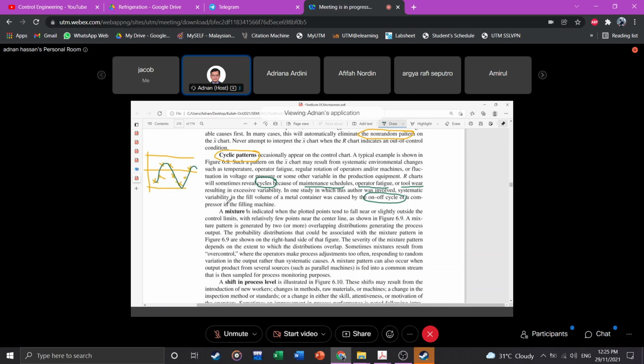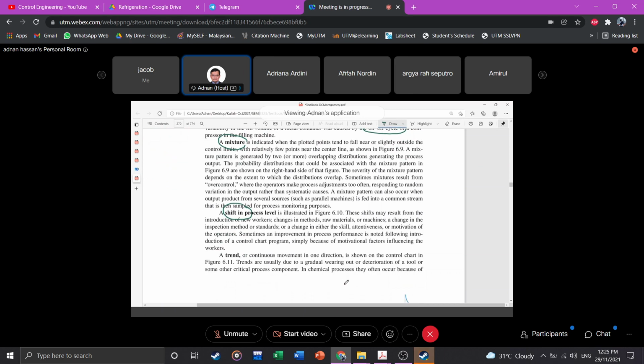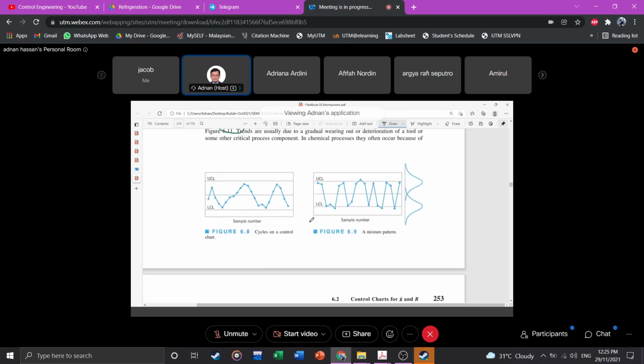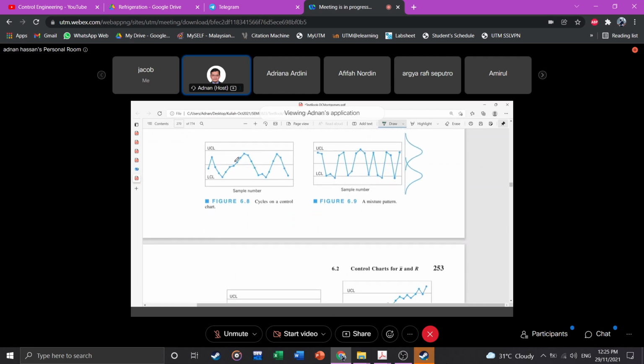We may also have mixture, and also shift, contributed by different sources. Graphically we can see here, this is within control limit, but it is showing like this. So this is cycle. What is causing this cycle?